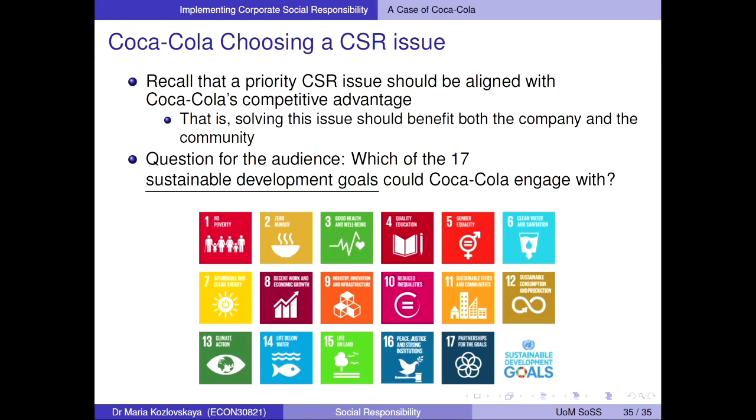Yeah, very good. Clean water and sanitation. Because they use lots of water in production and because they are a drinks company. What they did, they created Coca-Cola Clean Water Foundations in India. And that really improved their reputation as a result.